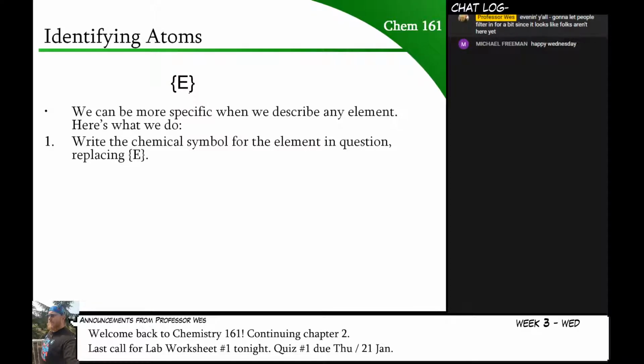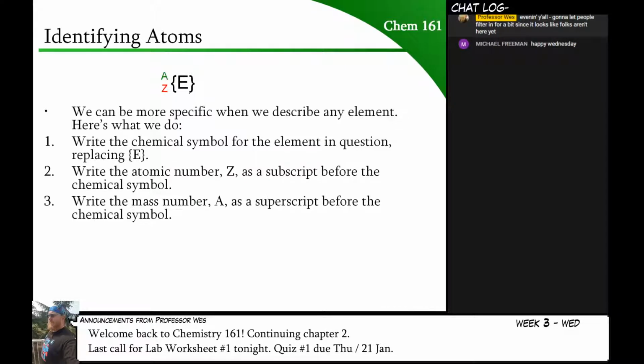Then in front of the symbol that you just wrote, you're going to put the atomic number as a subscript. Then you're going to put the mass number as a superscript. And then finally, after that, you can write the charge. The charge is a superscript, and it comes to the right of the atomic symbol.